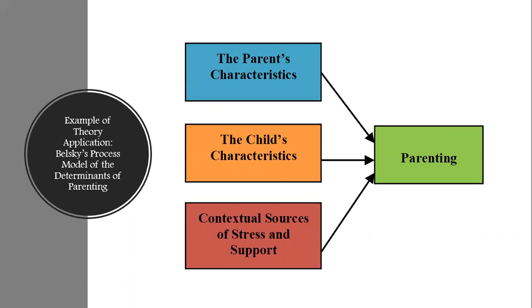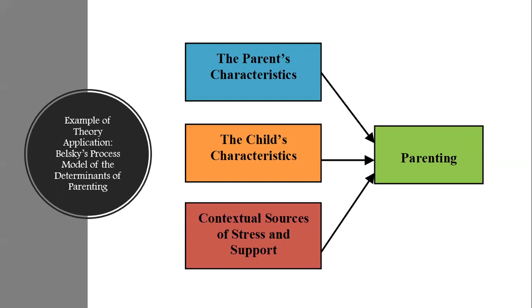Essentially what the model suggests is that the outcome of parenting, or the way in which one parents, is shaped by the characteristics of the parent, the characteristics of the child, and also larger contextual influences. The way in which this particular theory talks about contextual influences is mainly in the form of social support.